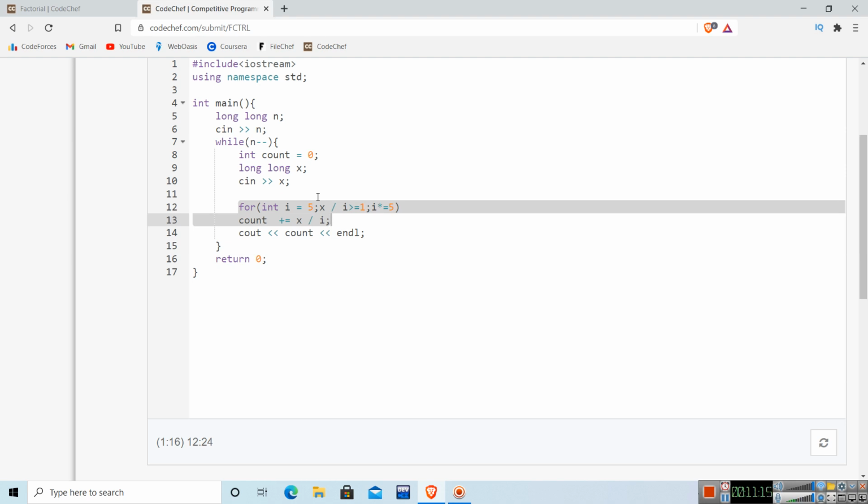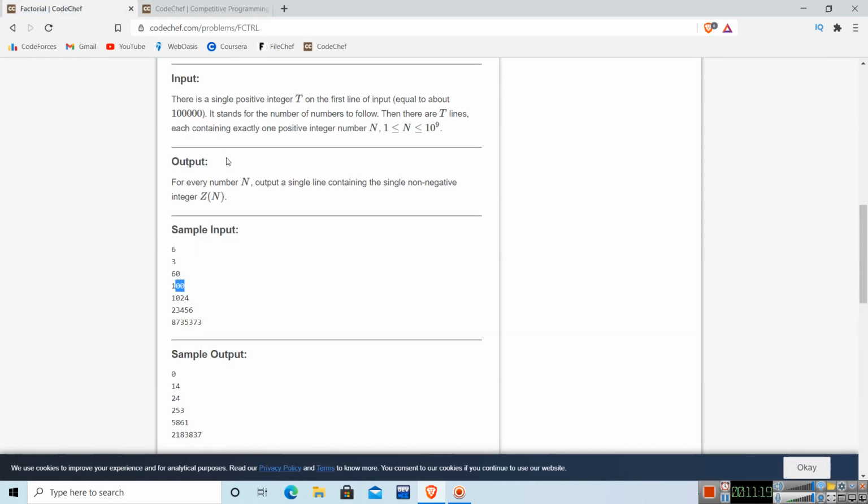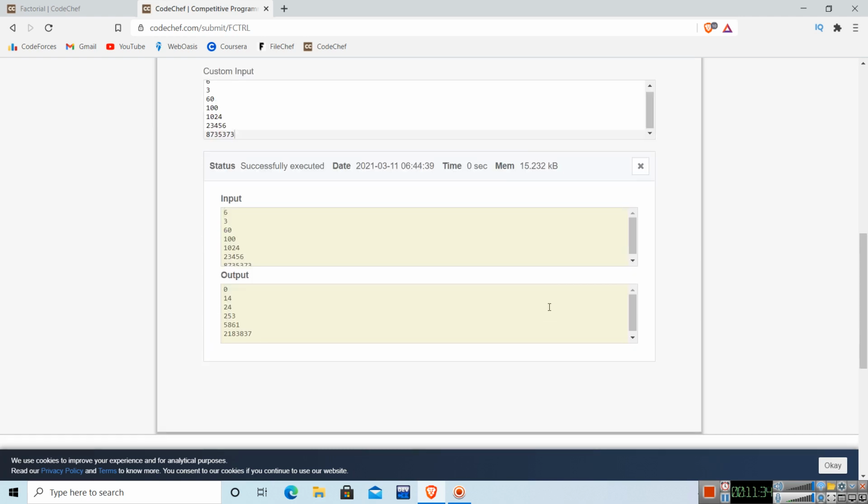I mean, let's try and submit this, because first let's run on their test case, see if we have any problems, because I don't want to mess with the accuracy of the problem. So let's see. Okay, it's successful: 0, 14, 24, 253, 5861.